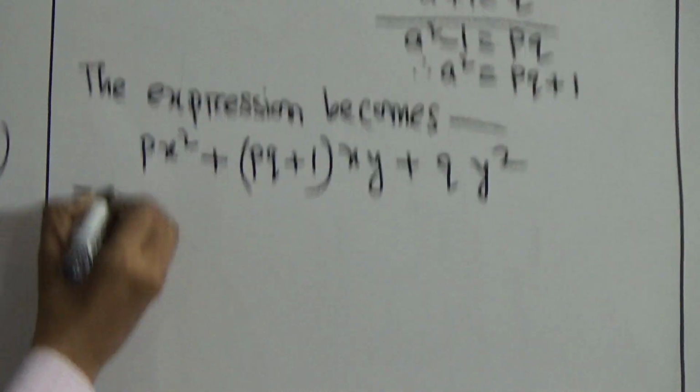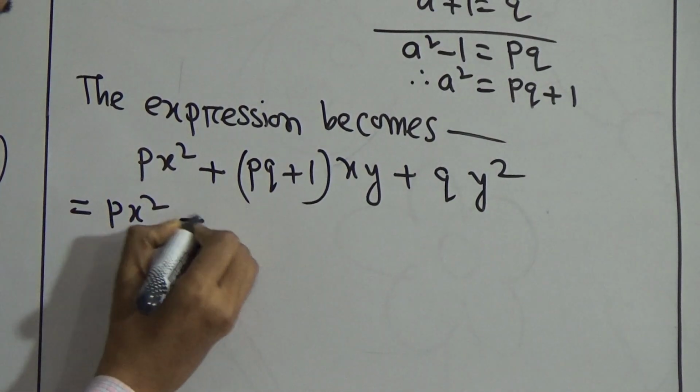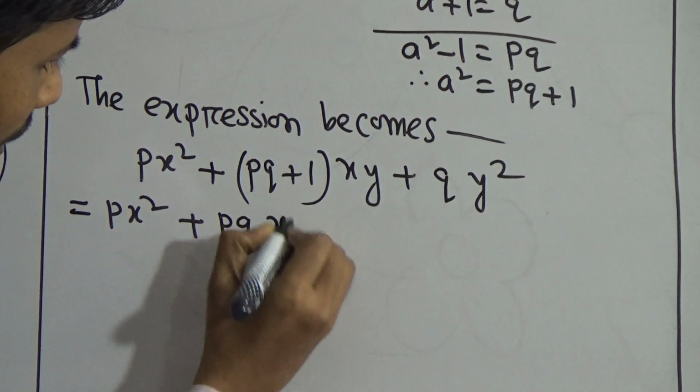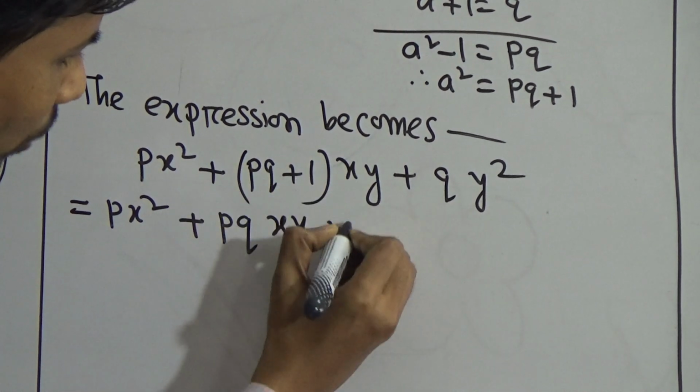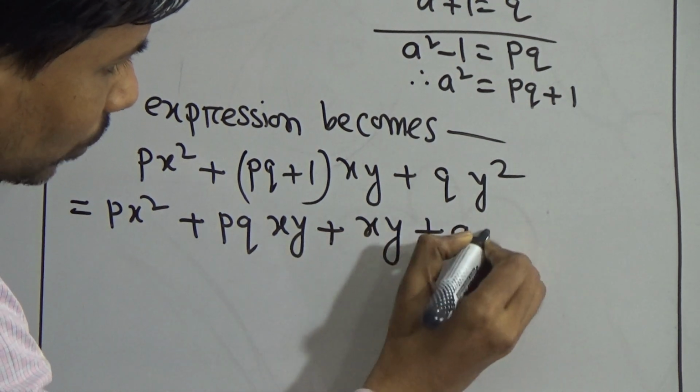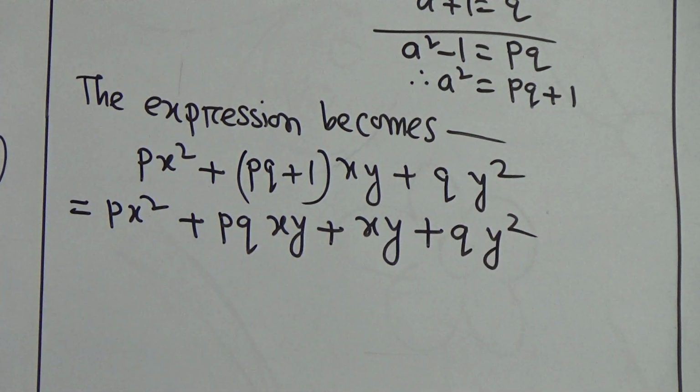Now you can write px square plus pq into xy equal to what? pq xy plus 1 into xy plus q y square.